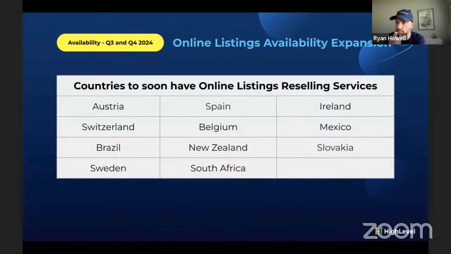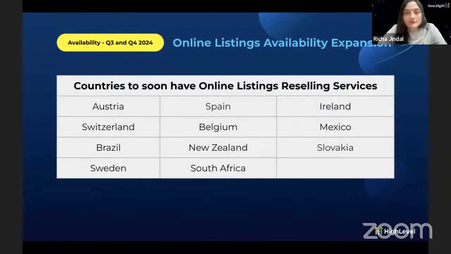Sweet. So we're also expanding our availability. A lot of people asked for availability in Europe especially. We've come up with this list of potential countries where we would be expanding our reselling services for online listings.